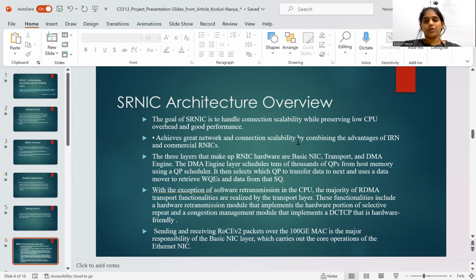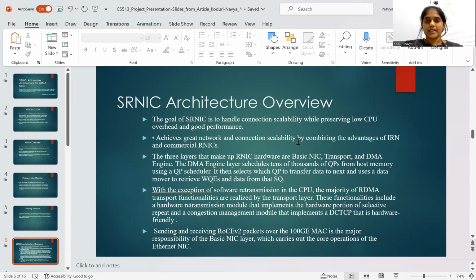This is the main aim of SRNIC. It also achieves great network and connection scalability because it combines the advantages of IRN and the commercial RNICs.